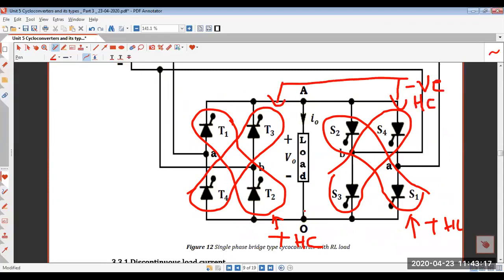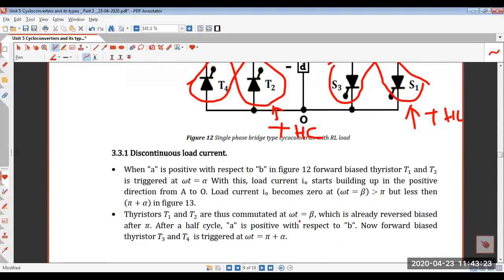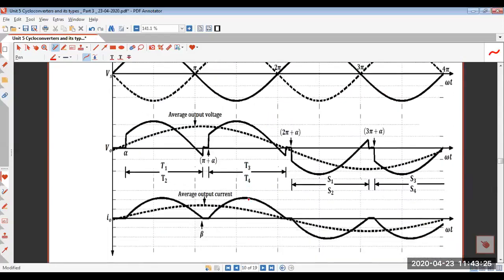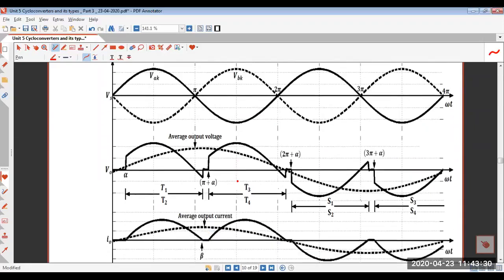But then they are made to conduct in some sequence so that we can get the positive and negative responses. So you'll get a similar kind of response when you make these SCRs conduct. Here the notations are used properly.